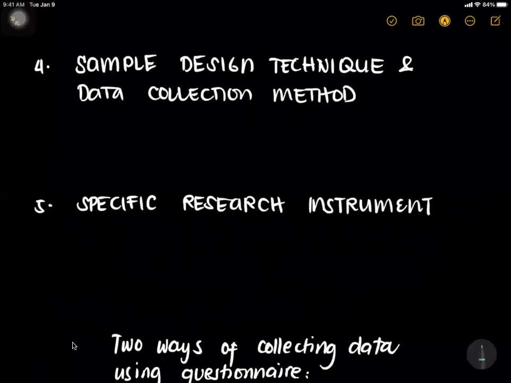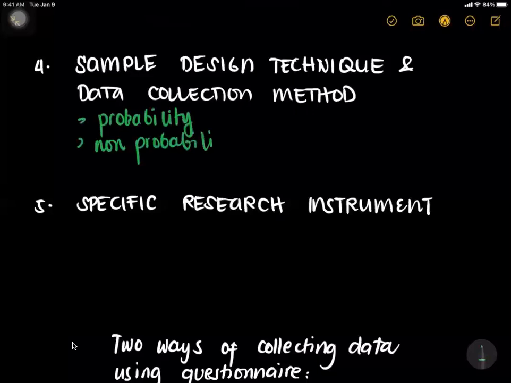So you have to state how you are going to obtain your sample. So this section discusses the appropriateness of either using your probability, or your non-probability sampling.